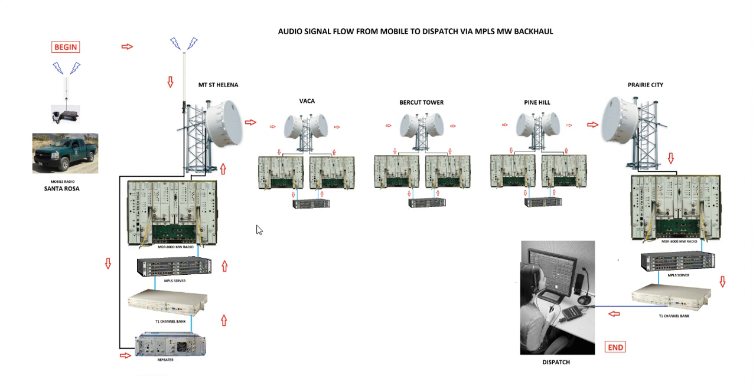Now, we would normally not need any of this stuff if these people could hear each other, but once they get apart a certain distance, they rely on this equipment to further extend their ability to talk to one another. And there is an initial distance that you can get using two-way radios.